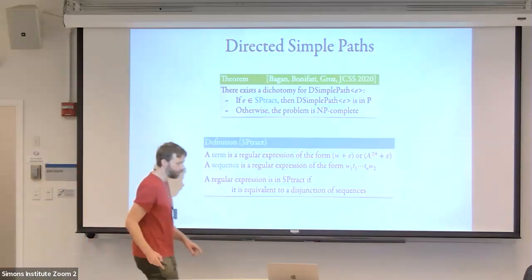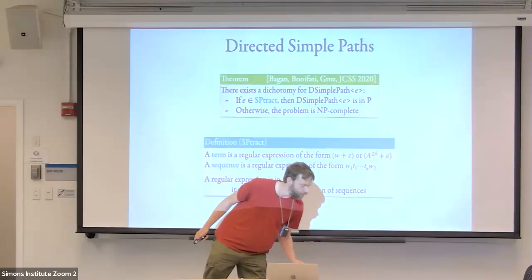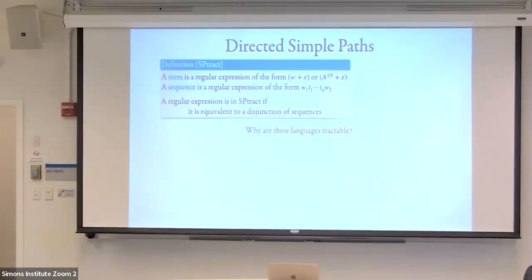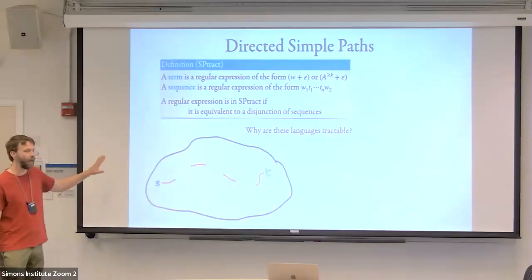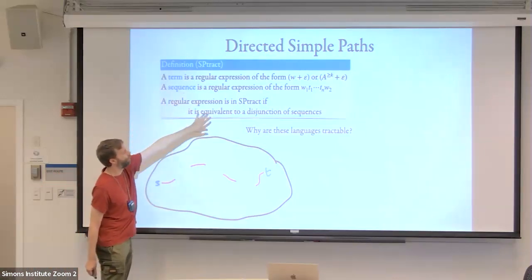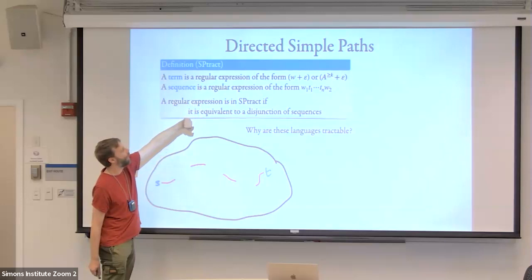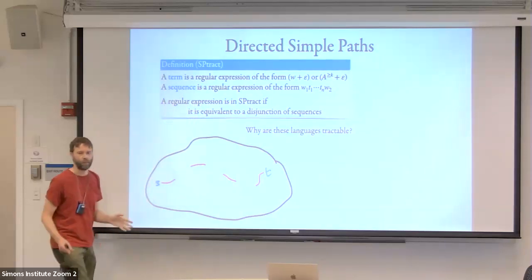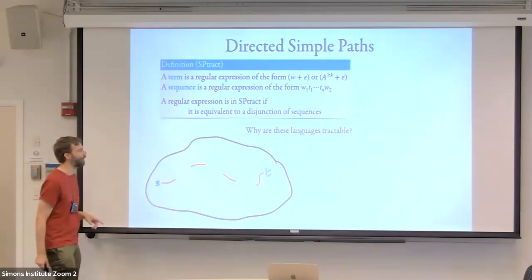How am I doing on time? I could give you a bit of intuition about why these languages are tractable, just very briefly. If you have a problem where you want to find paths that match this, and your expression is fixed, what could you do in principle? This is just a very high level idea.